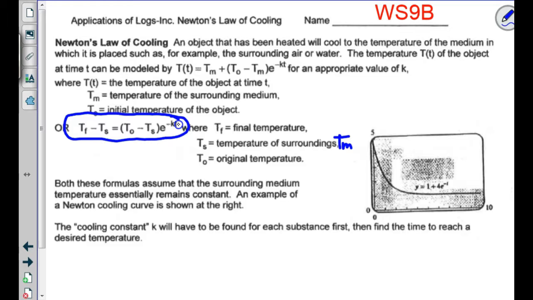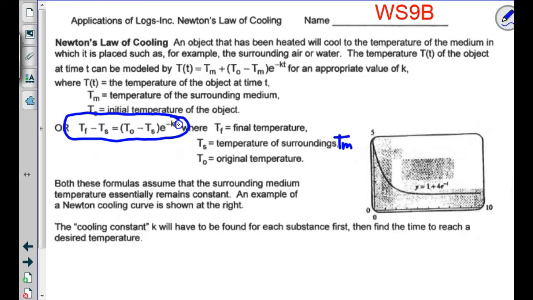Now, I will tell you, this formula ignores any effect on the surrounding temperature. In other words, if I took a pizza out of the oven and put it on top of the stove, does it really change the temperature in the kitchen? Not much. The fact that we had the oven door open might change it a little.